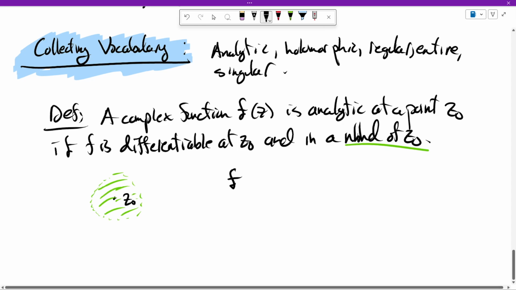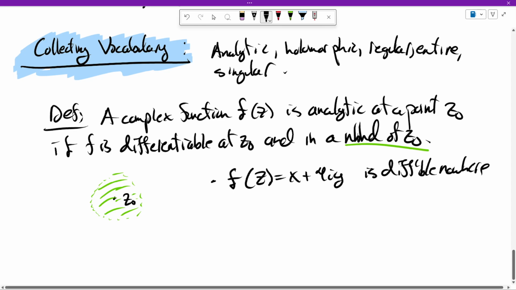So in the last example, we saw this function x plus 4iy, and we saw that this guy is differentiable nowhere. So it follows then that this is not analytic anywhere either, or analytic nowhere.